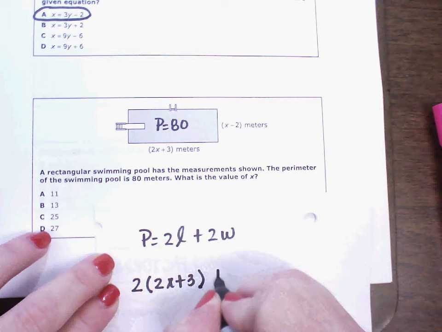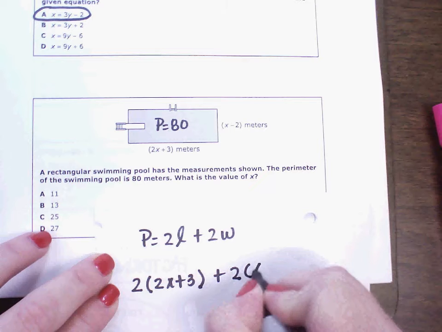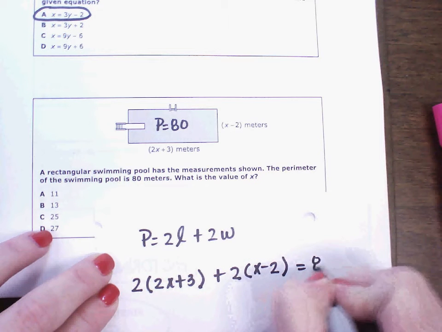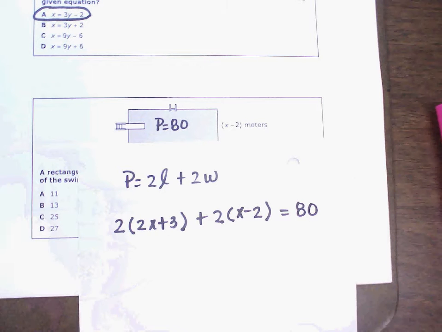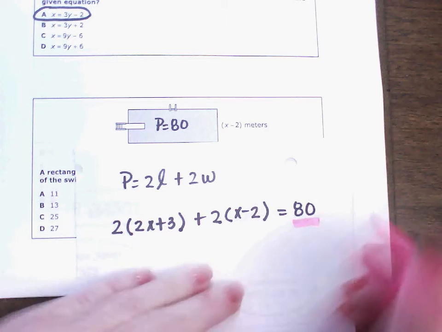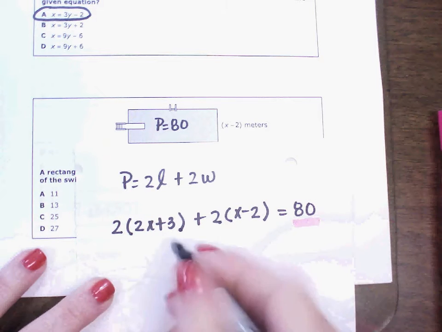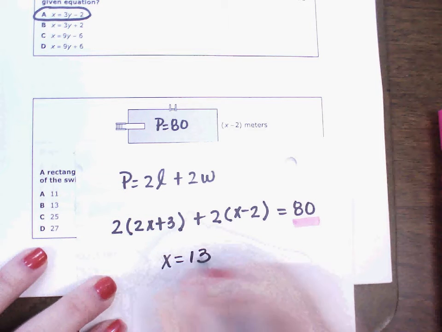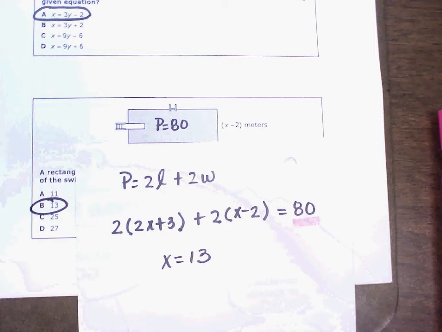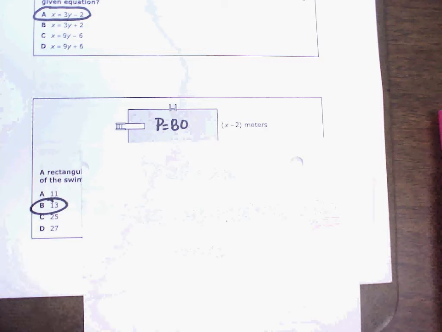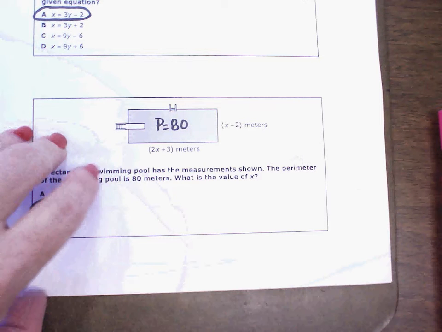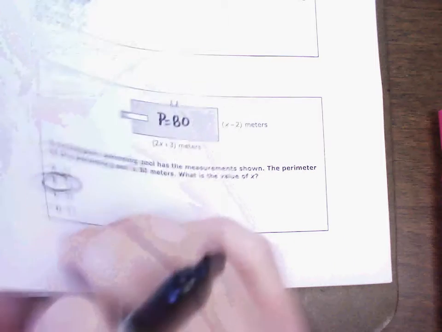So 2 times 2x plus 3 plus 2 times x minus 2, and that would be equal to 80. I would just go straight to equation solver after this, to tell you the truth, and move this to the other side as a minus 80, and then x equals 13. Alright, next one.